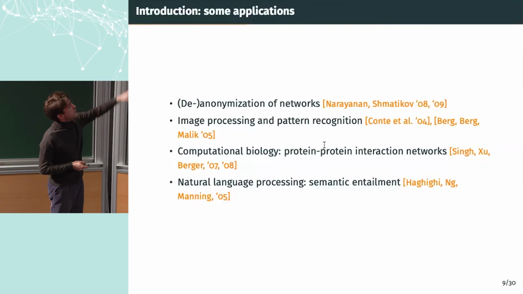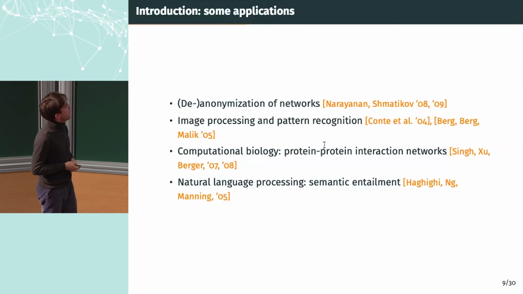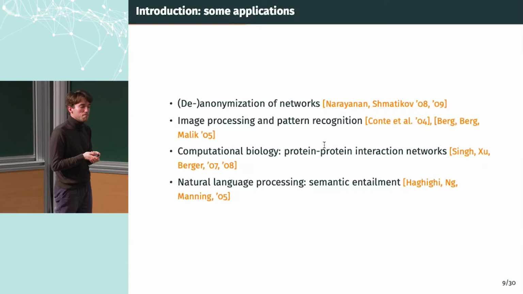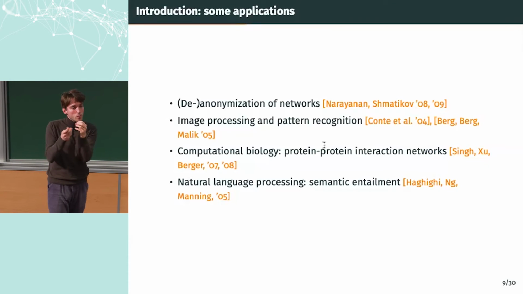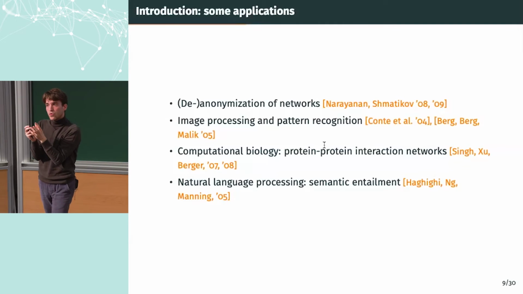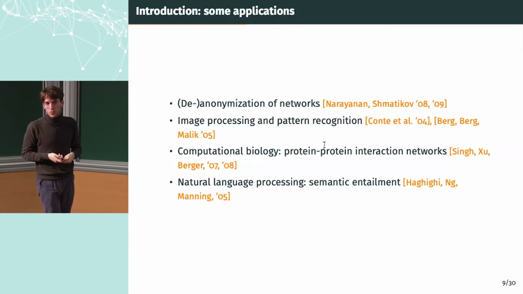I'm thinking of computational biology, for instance, where you have many large graphs. One of them is the protein interaction graph that you can model from a cell. You look at all the proteins, you look at how they chemically interact, and this gives you a notion of the interaction in your cell between proteins.